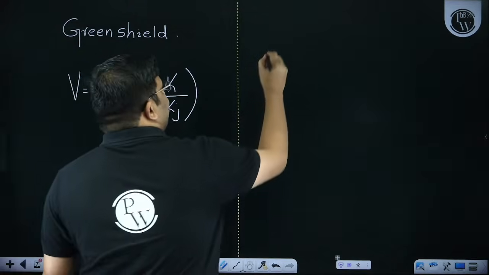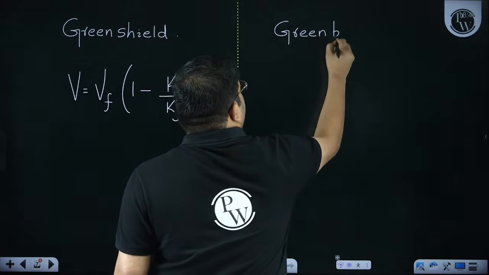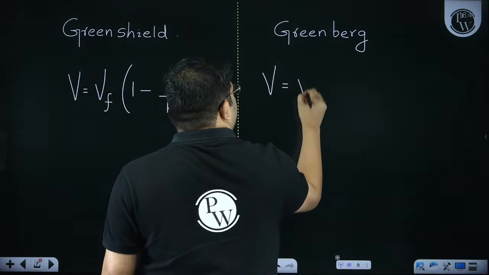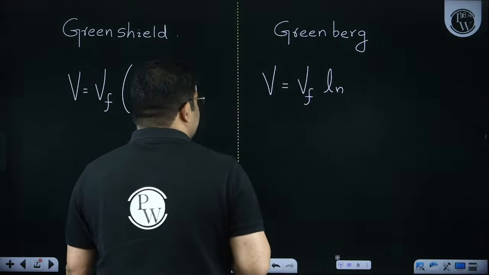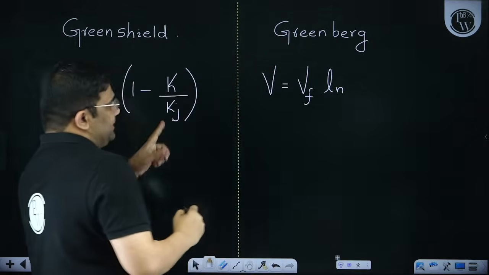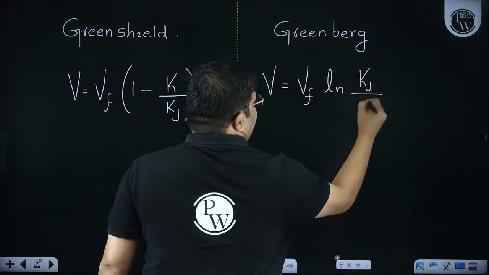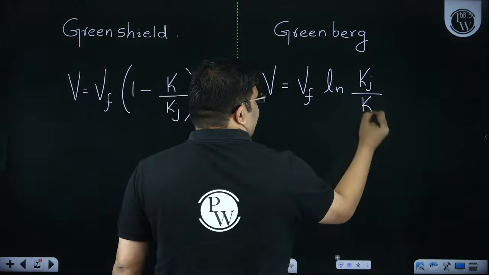And the Greenberg model is a logarithmic model, and here the relationship becomes V is equal to Vf ln, where ln means log base e, of kj by k. Here it was k by kj, here it is opposite: kj by k.